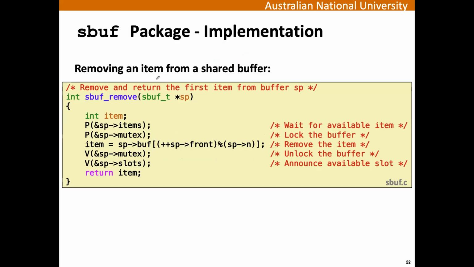And then, like I said, when the consumer removes an element from the array, it announces the availability of a slot using the V operation. So if the producer is waiting for an empty slot, in case the buffer is full, the consumer is informing the producer, look, there is an empty slot available. And it does so using the atomic V operation.